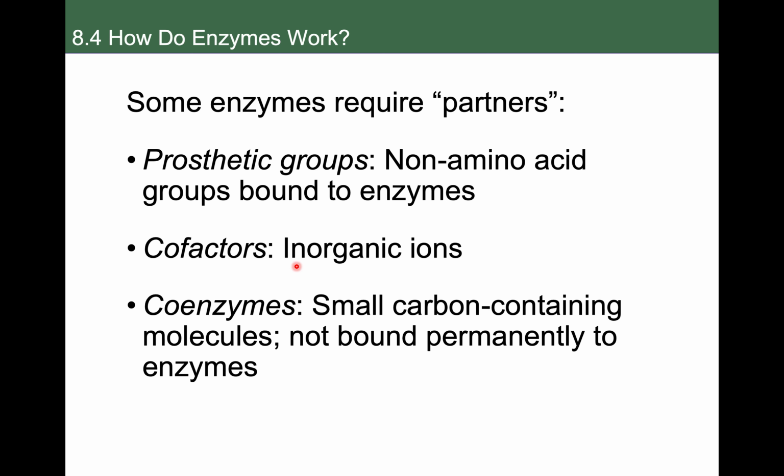Cofactors are always inorganic, meaning they don't contain carbon. They're always ions, meaning they have some charge. And then there's molecules called coenzymes. So these are organic, carbon-containing molecules, and they always bind to enzymes just temporarily. But again, just these three different types of enzyme helpers, if you want to think of them in that context.